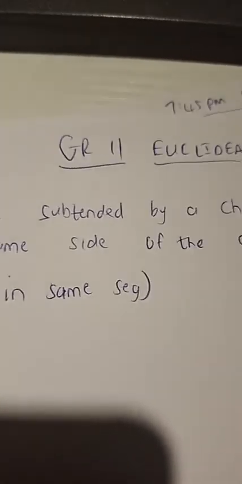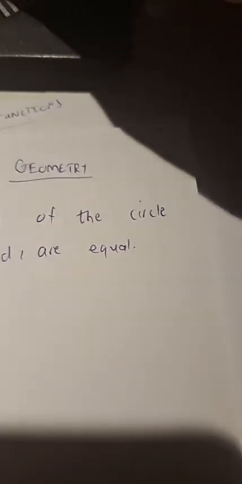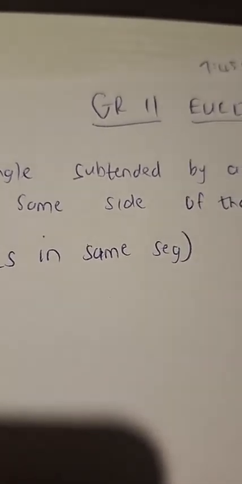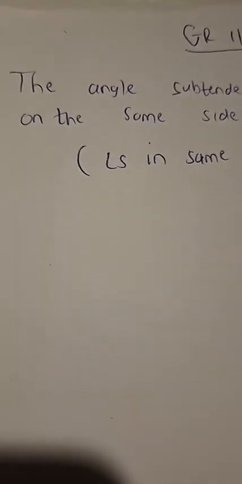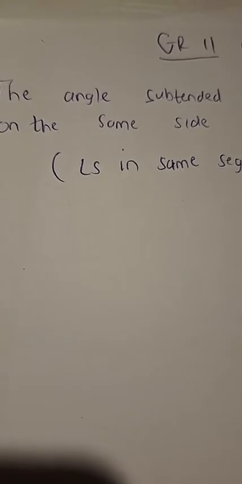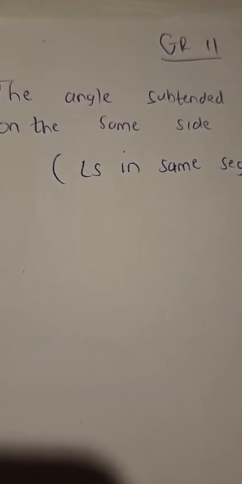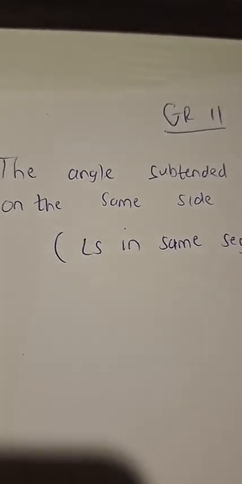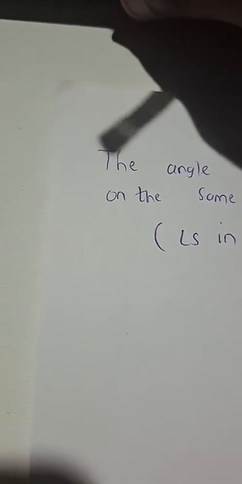The angle subtended by a chord of the circle on the same side of the chord are equal. So I don't know if there's any particular questions that people may have about what this theorem is stating here, but hopefully it is clear.